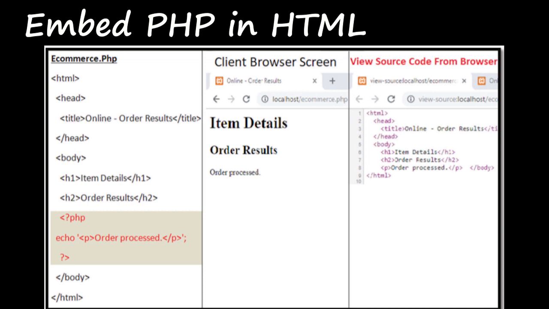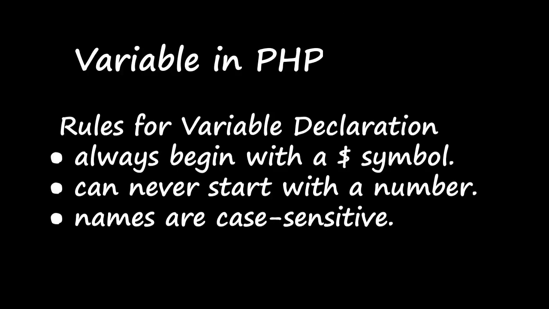Okay, next we are going to see about variables in PHP. PHP has variables like other programming languages also. We have seen in C++ or Python, we have many variables, right? So here also variables are the storage locations. If you consider n, n is a variable, you can assign some value to n.